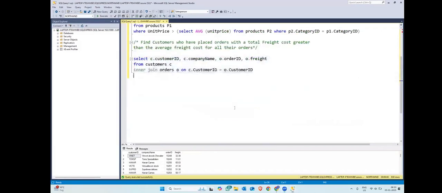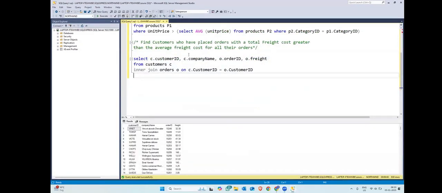Now comes the second part of the question, which says total freight cost greater than the average. Okay, so for those orders where the customer has paid more than what he usually pays, मतलब जहां पे उसने पेमेंट जो किया है that is more than his own average.